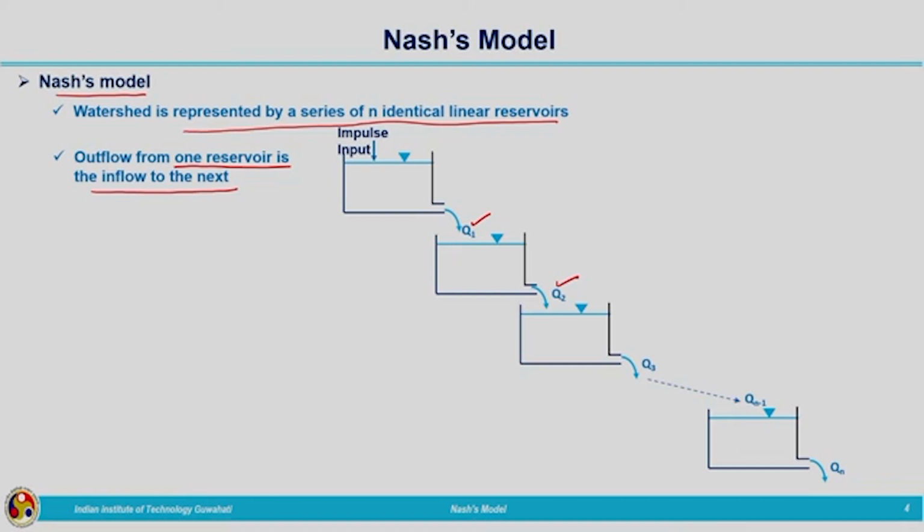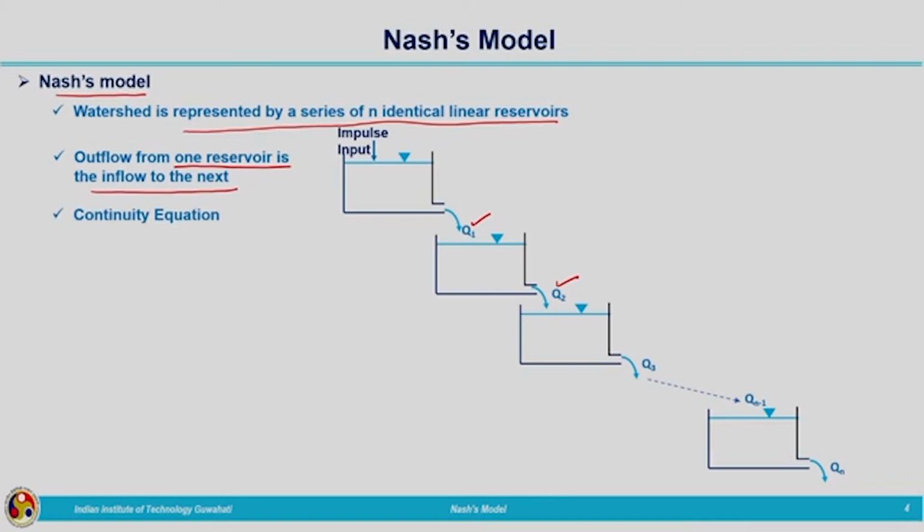Outflow from the first reservoir is the inflow to the second one, and that continues up to the nth reservoir. Qn minus 1 is the input to the nth reservoir and the outflow from the nth reservoir is Qn. Qn is nothing but the instantaneous unit hydrograph. That is what we are going to derive today.